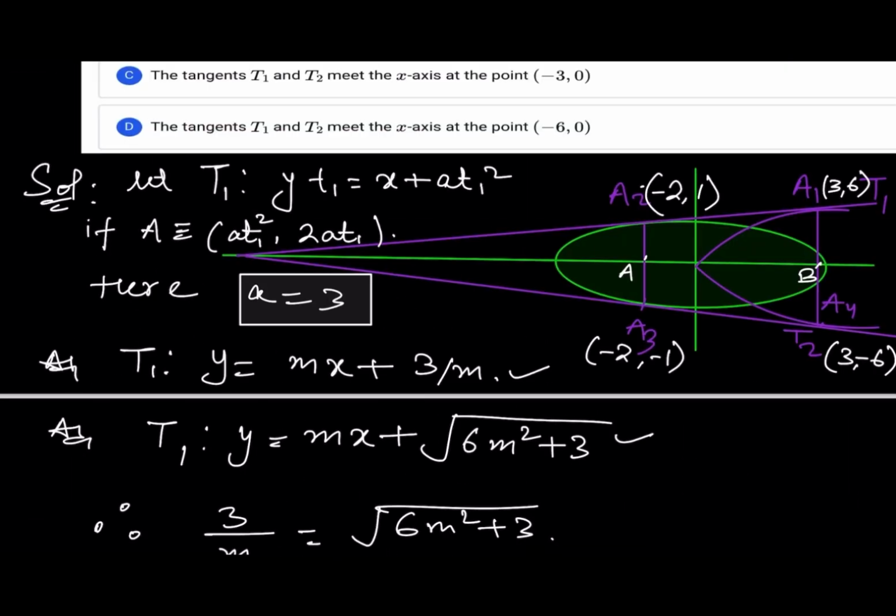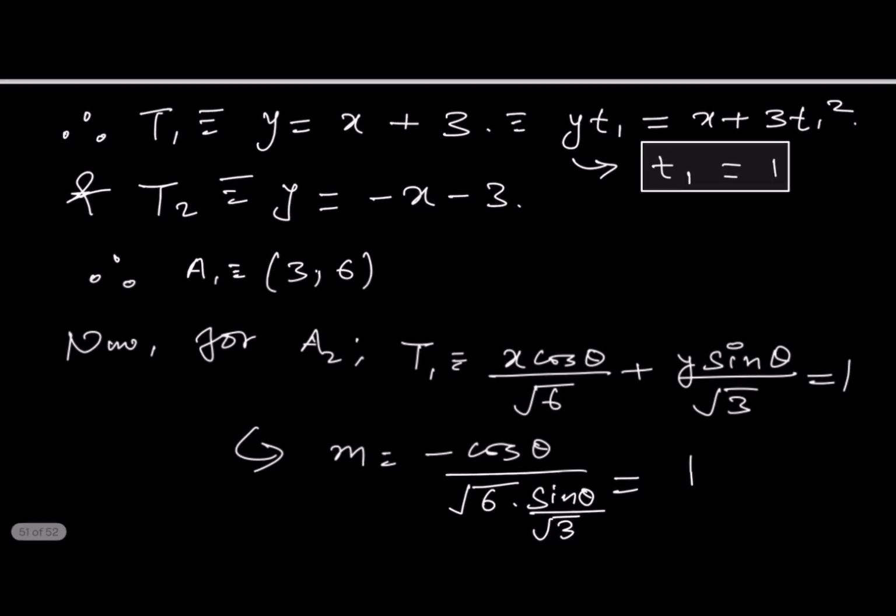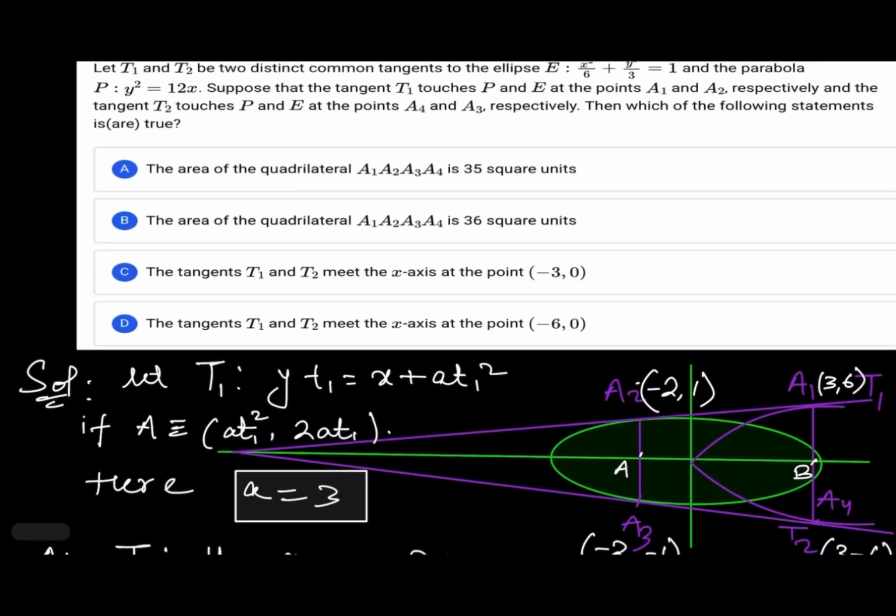X coordinate of A1 is 3 and the x coordinate of A2 is minus 2. So distance between A and B is 5. So 12 plus 2 is 14, 14 by 2 is 7. So 7 into 5 is 35. So 35 square units is the area, and with this option A is correct.